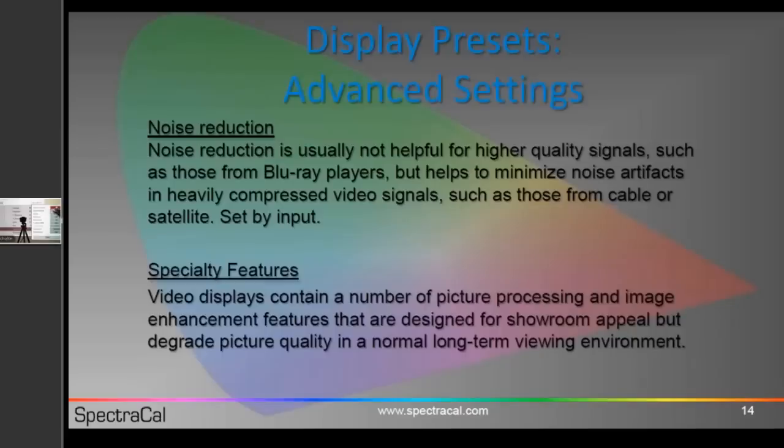If we were calibrating another mode and we found that dynamic contrast were turned on, we would want to switch that off. Anything else that is a dynamic or automatic type setting, where the display is going to automatically try to figure out its own settings, we want to disable those functions so that our calibration adjustments can have the desired effect without the display overriding that.